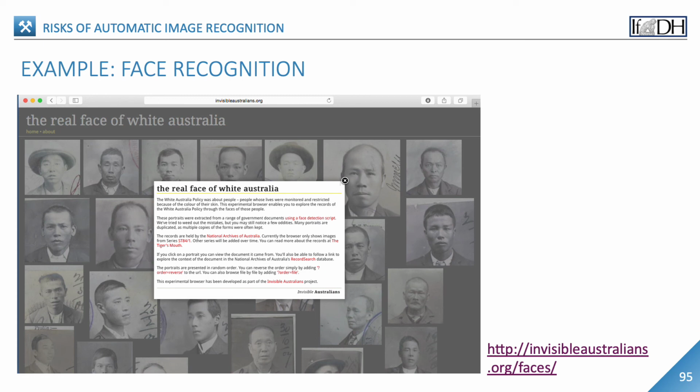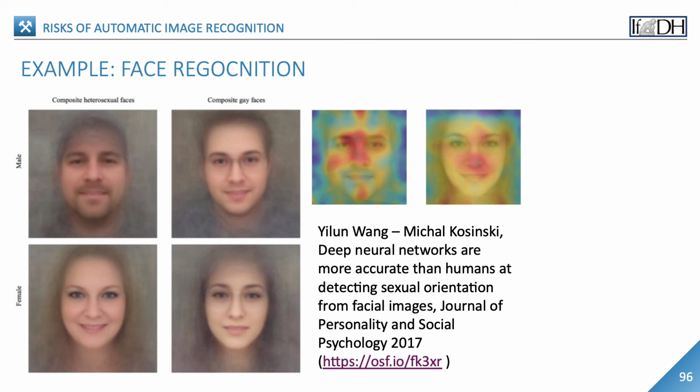Their portraits were extracted from the government documents using facial recognition software and compiled in a browser. There are, of course, some misidentifications among them, but all in all, it's a good example of coming to terms with one's own past. At the same time, the approach frightens me when you imagine the same procedure being applied to today's residents. And that's not even pie in the sky.